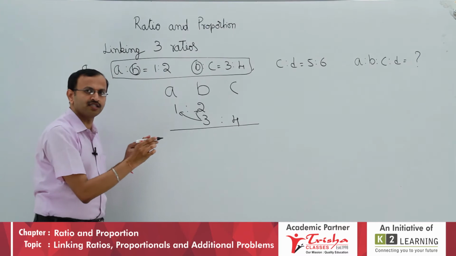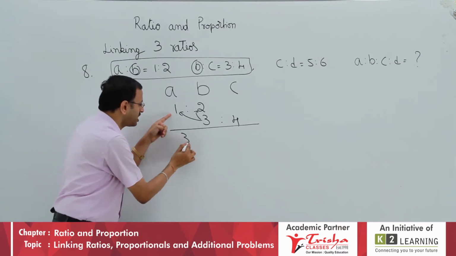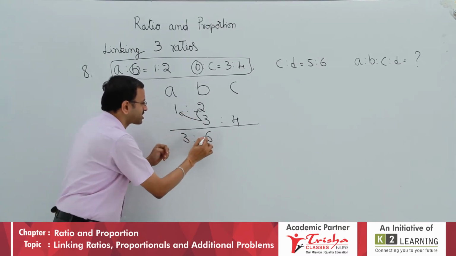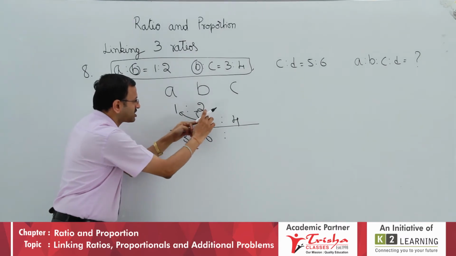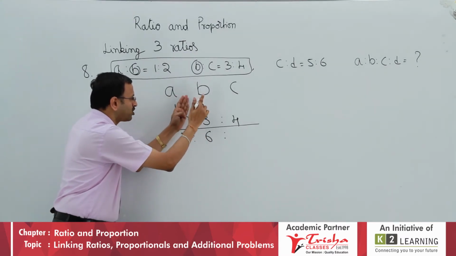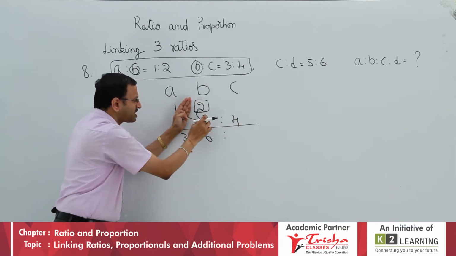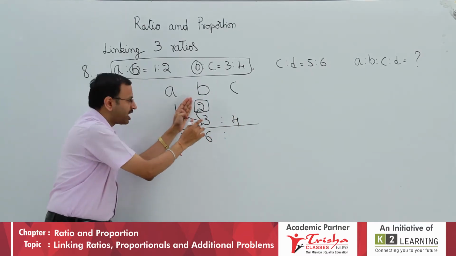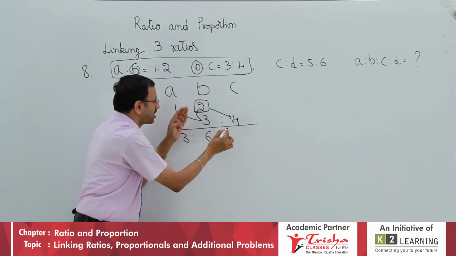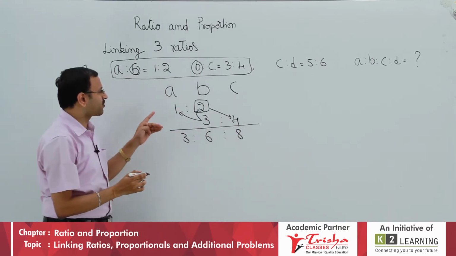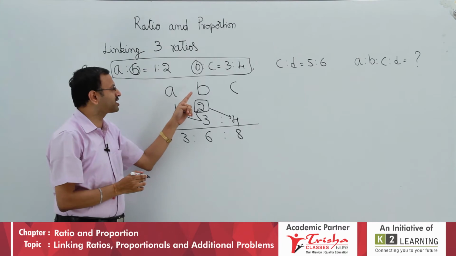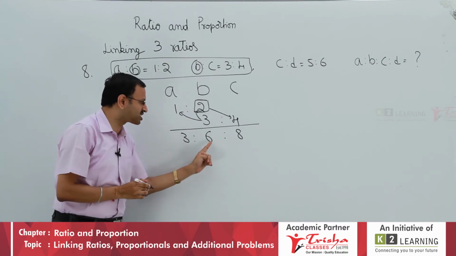Can you tell the answer? 3 1s are 3, 3 2s are 6. Then multiply the 2 by 4, which is 8. So we made a common ratio of A, B, C: 3 is to 6 is to 8.